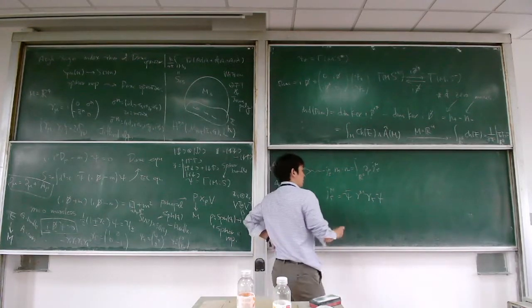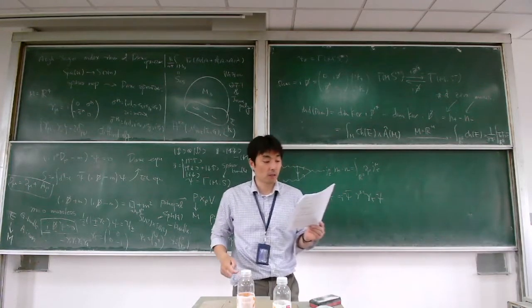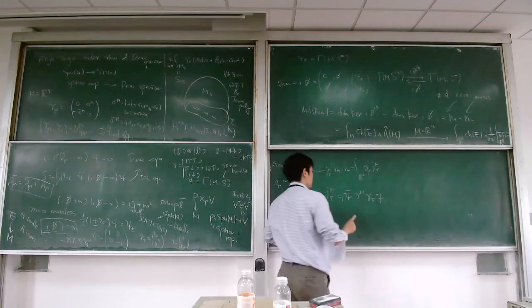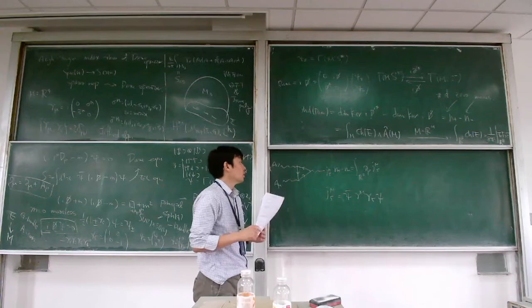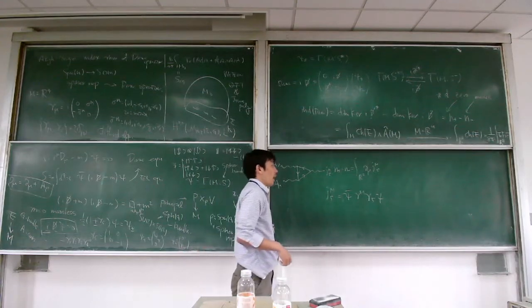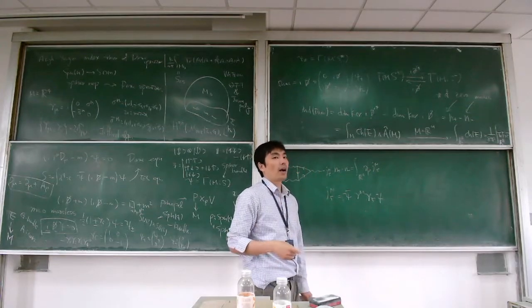I think there is an i here. Alright, I'm not careful about sign and constants and so on. In this case, there is no i. So it's the Noether current for chiral symmetry.